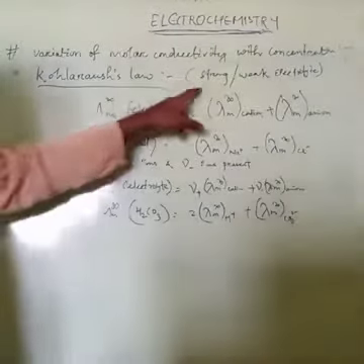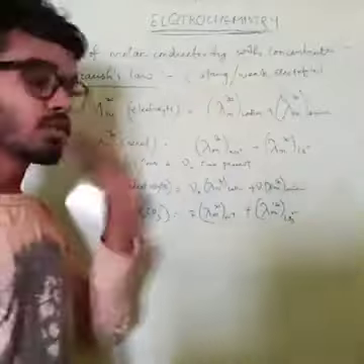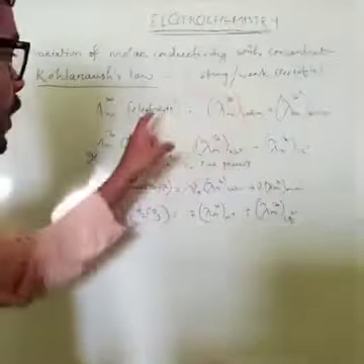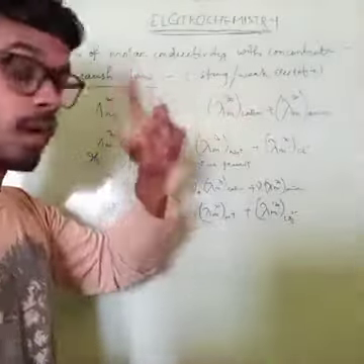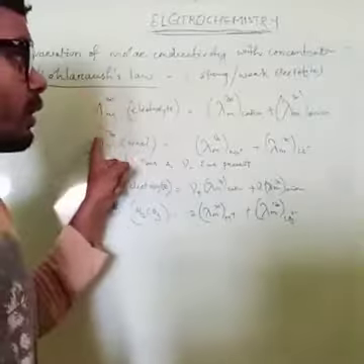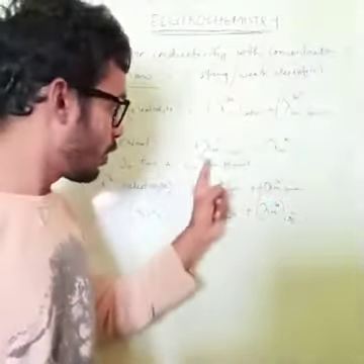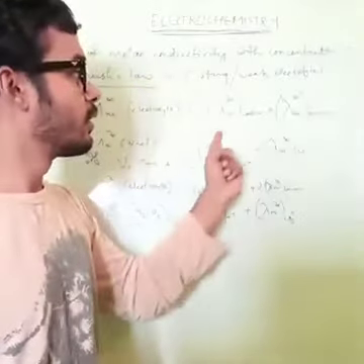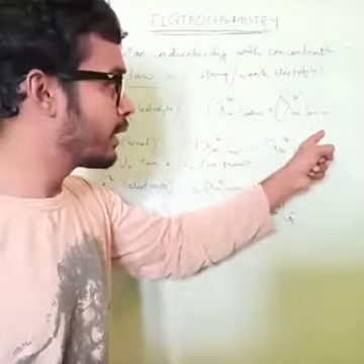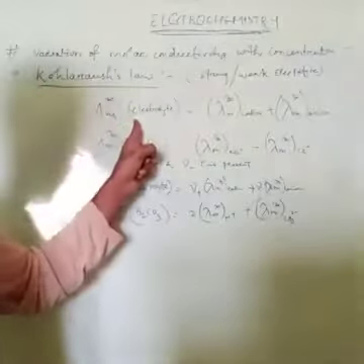The molar conductance of a strong or weak electrolyte at its infinite dilution. From this we can figure out the law. Again I am telling, the molar conductance of a strong or weak electrolyte at infinite dilution is the sum of what? Cation and anion at infinite dilution of that electrolyte.